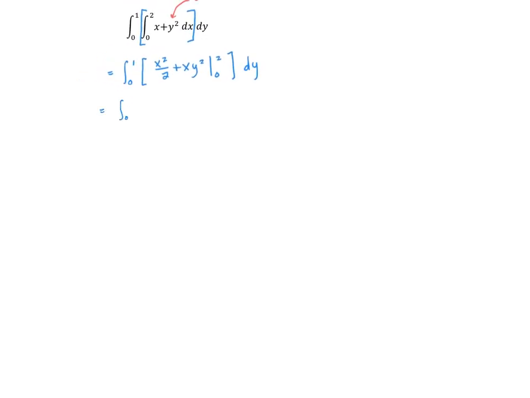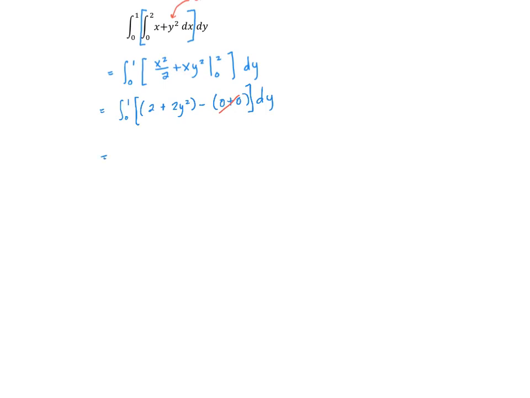Looking at that innermost integral, x squared over 2 plus x y squared, we're putting in 2 for x, so that becomes 4 over 2, or 2, plus 2y squared, minus, putting in 0 for x, this becomes 0 plus 0. So I really don't need that. And this is that whole inner integral. So the 0 plus 0, that's just gone.